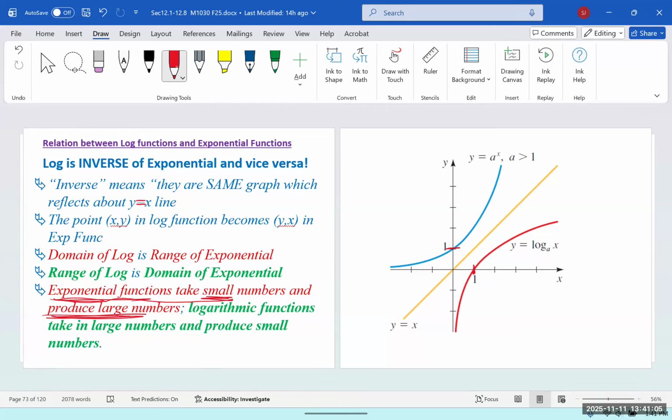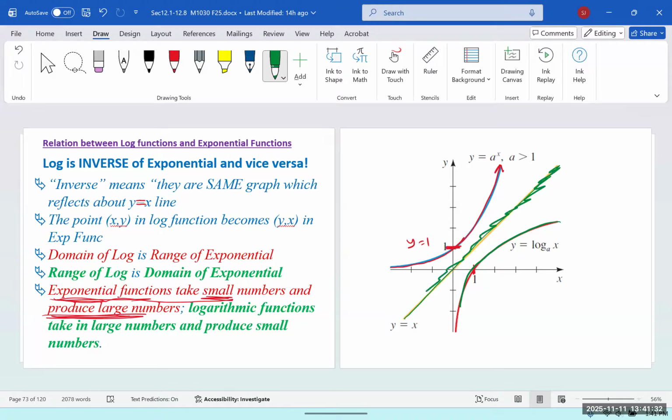Our exponential graph is the blue graph. Every exponential graph without any transformation goes through the y value 1, and it's increasing if our base is a positive whole number. The same graph is true for the log. You just have to reflect about the y equals x line. This is the y equals x line, like a mirror.